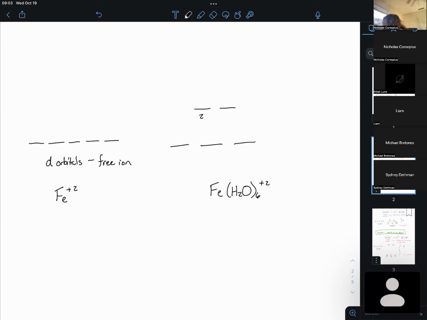We don't have to know the names of them, but just to be good and fill it all in, these represent the different d orbitals here, right?